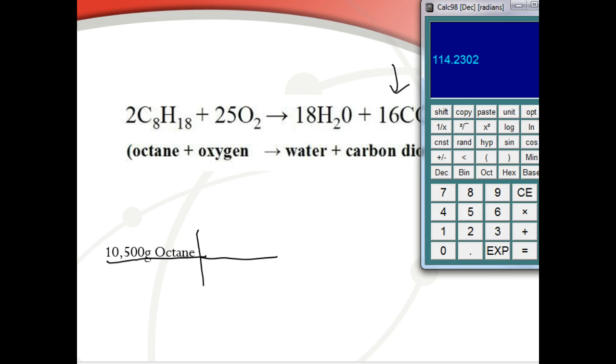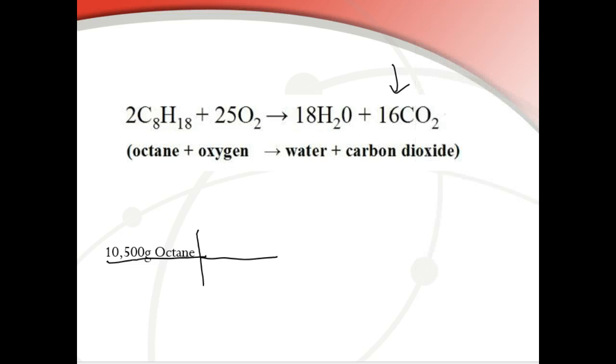So we've got 114.2 as our molar mass, so let's put that in there. So 114.2 grams of C8H18 in 1 mole of C8H18.